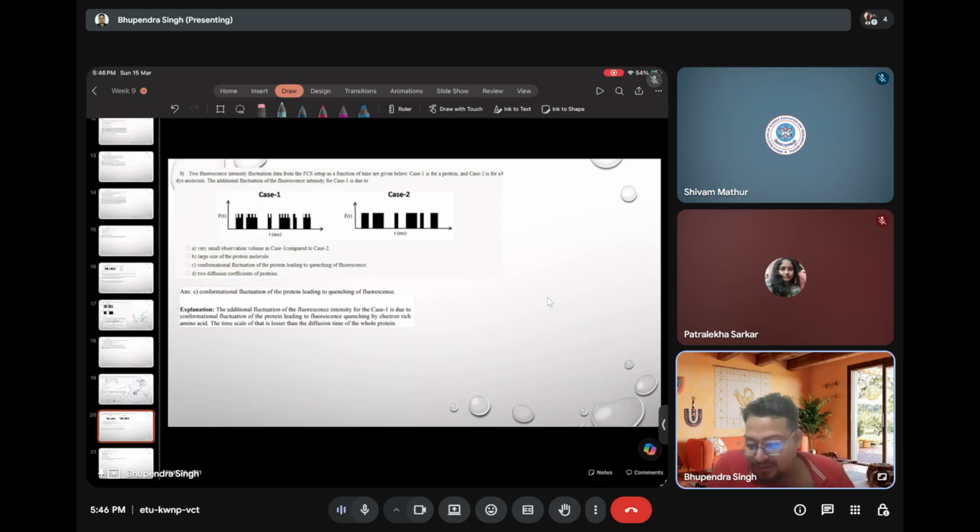Okay, coming to the question. Two fluorescence intensity fluctuation data from the FCS setup as a function of time are given below. Case 1 is for a protein, case 2 is for a dye molecule. The additional fluctuation of fluorescence intensity for case 1 is due to what?